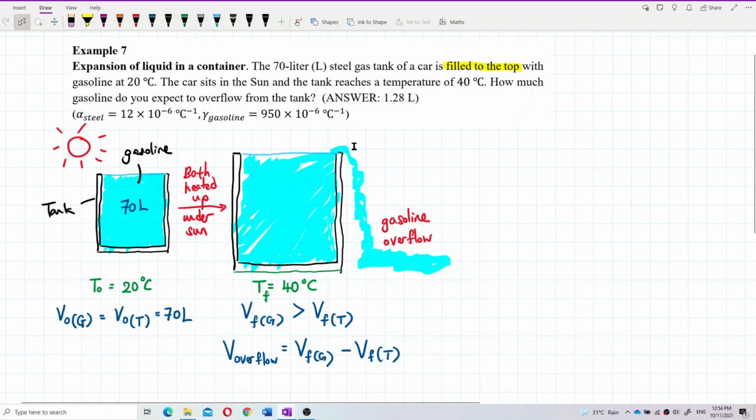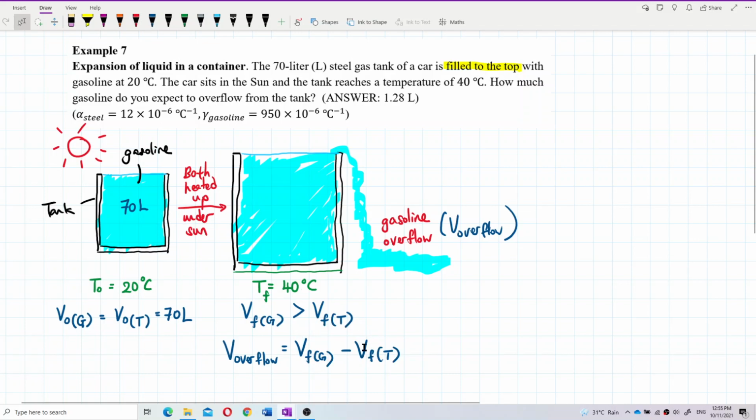So how to find the volume overflow, the volume of the gasoline overflow? We know that the final volume of gasoline is bigger than the final volume of the tank, because gasoline expands faster than the tank.